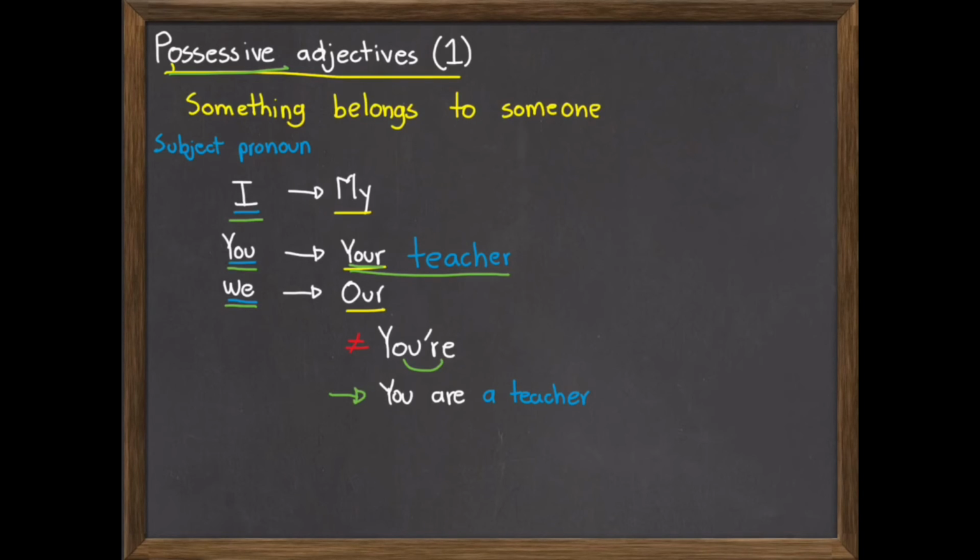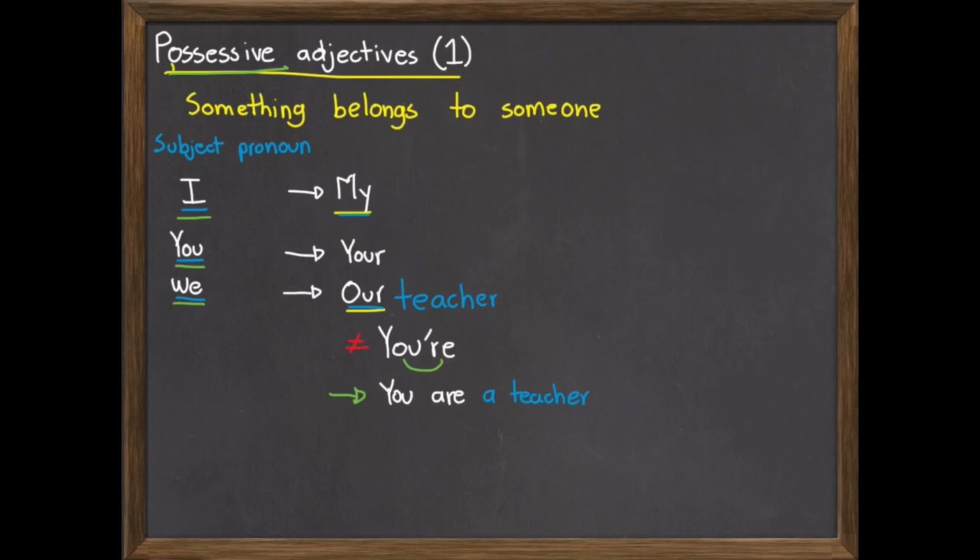Now, as I said, we will look at these 3 different possessive adjectives. My teacher, for example. My teacher's name is Daniel. Your teacher's name is Lucy, but our teacher is Mary. My, your, and our.